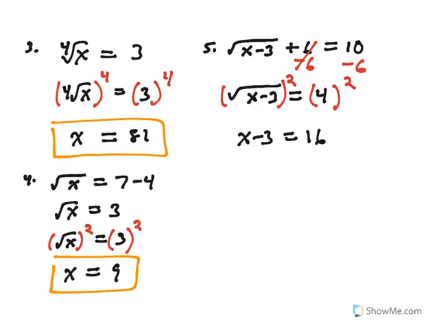So we're going to add the 3 to the right side. Those cancel, and you're just left with x equals 16 plus 3, which is 19, and there's your answer. So isolate the radical and then square both sides. All right, let's go ahead and do another one.